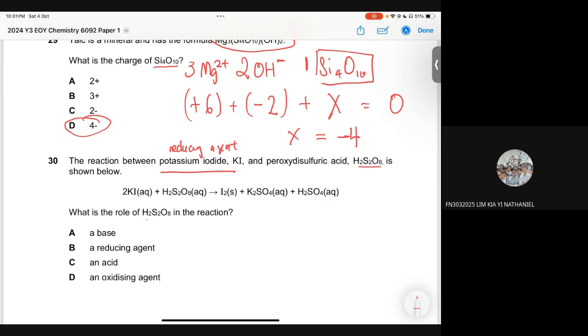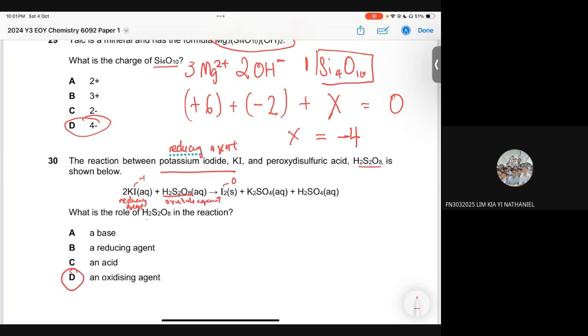Now, for the reducing agent, you can see this -1, this is 0, right? So you realize that the iodide itself is oxidized. It comes as a pair, right? So if this one is a reducing agent, that means the other one must be an oxidizing agent. Okay, so therefore the answer is B.